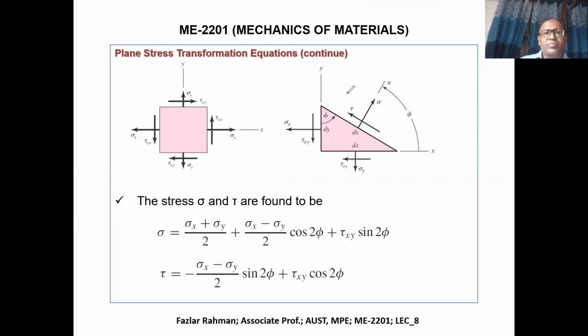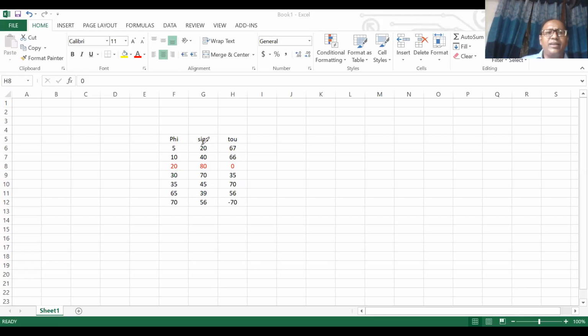So right over here, you see that at 20 degree angle, sigma is maximum, and tau is getting 0. Similarly, you might get, for example, angle 72, you might get over here 45, this one you might get 0.